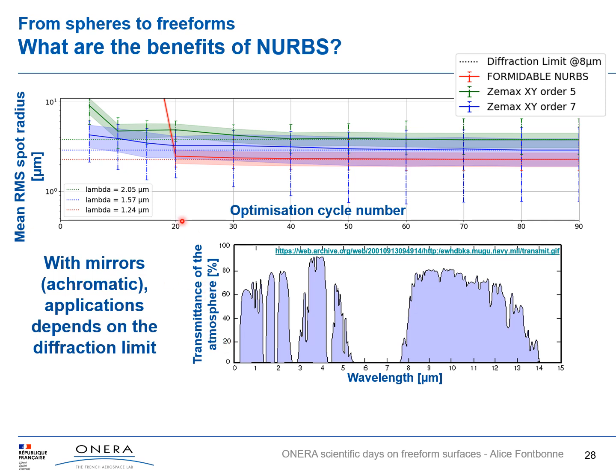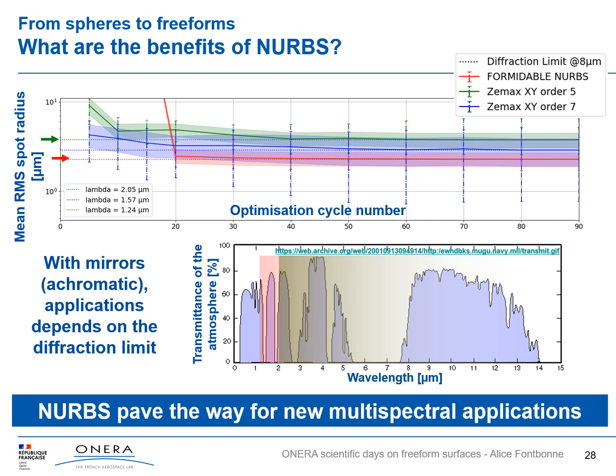So for example, here you have the transmittance of the atmosphere, and with the XY polynomial of order 5, you have access to all these wavelengths of use for your optical system. But if you use the Formidable NURBS, here you have access to this part of the spectrum in addition. So NURBS pave the way for new multispectral applications.